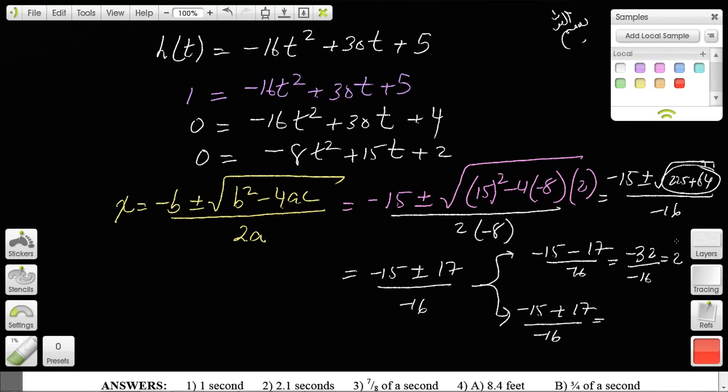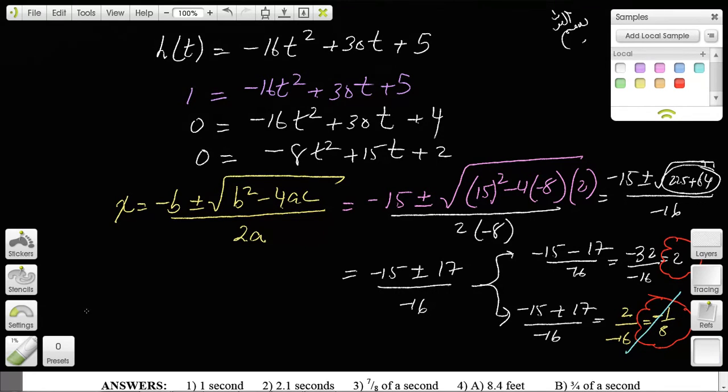So that's one answer. And over here it's 2 over negative 16, which is negative 1/8. That's the other answer. There are two answers because this is a quadratic equation. But we're going to reject this answer because we're talking about time, and time can't be negative 1/8.